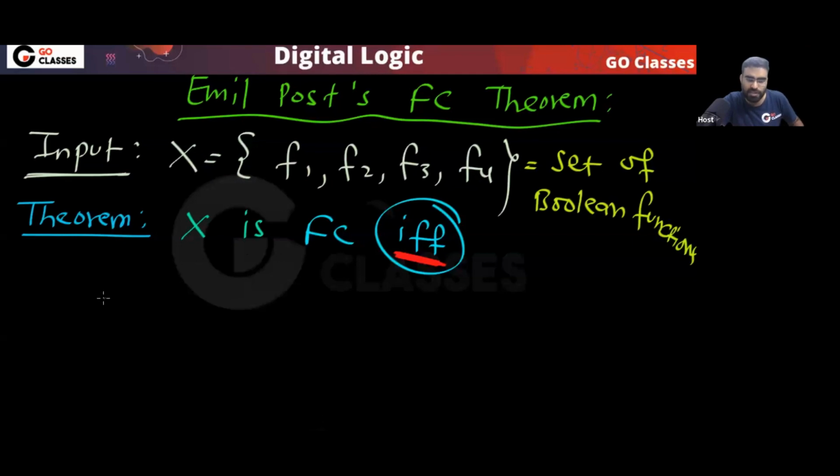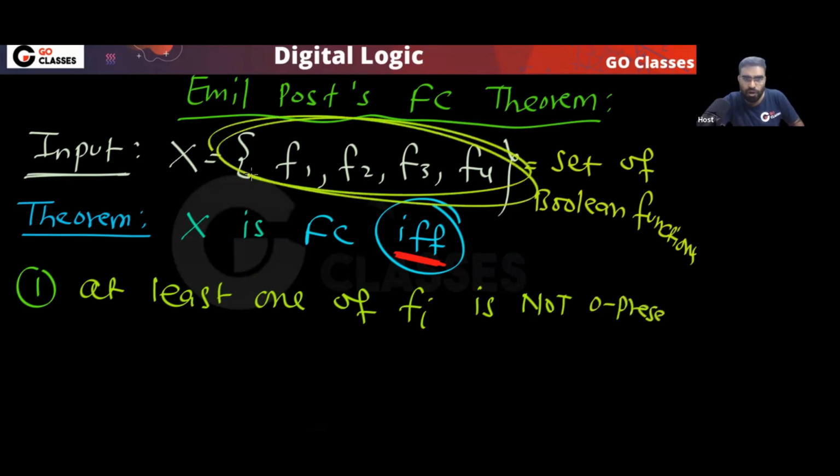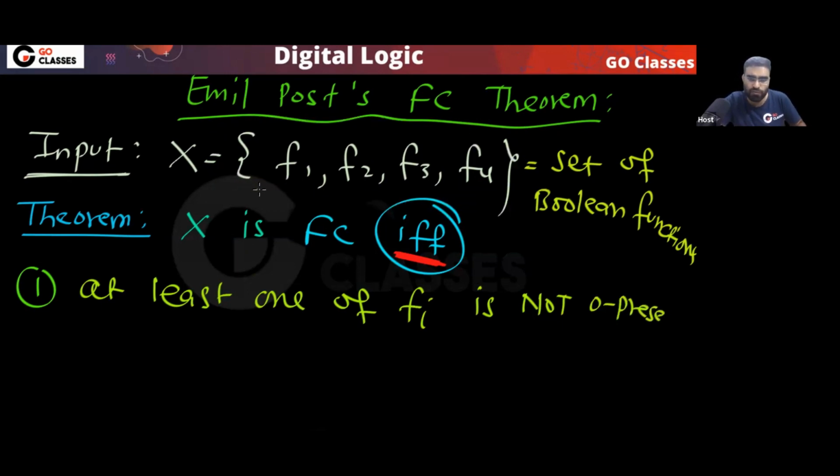X is functionally complete if and only if at least one function is not zero preserving. Yes or no? At least one of them should be not zero preserving, because if all are zero preserving, then X is not functionally complete.